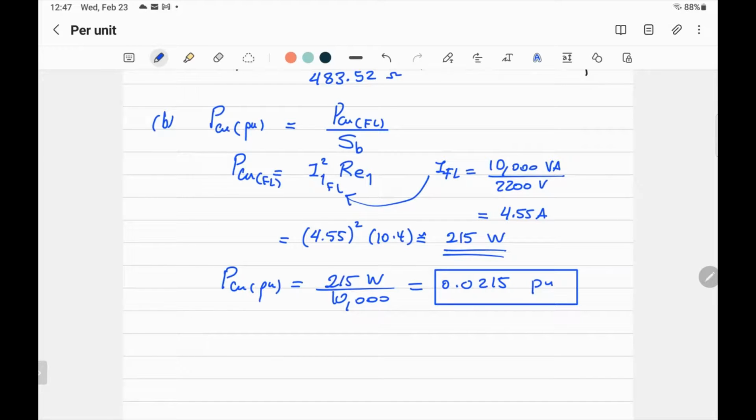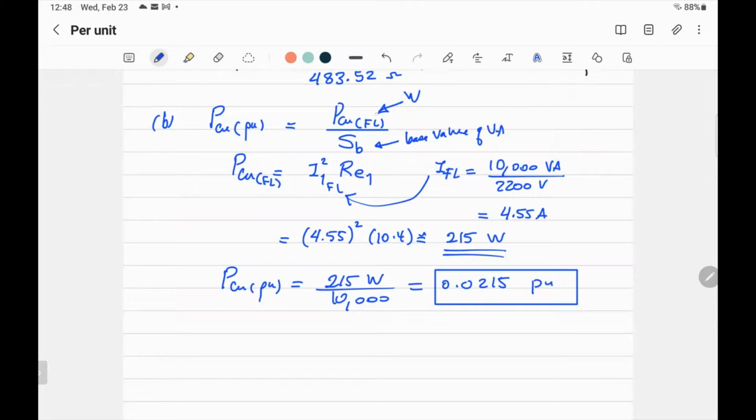To find the copper loss per unit, I divided the copper loss, the actual value in watt, I squared R, by the base power S base. The base power was given, the rated base value in volt amp, because it's power. When I divide power by power, I get per unit.